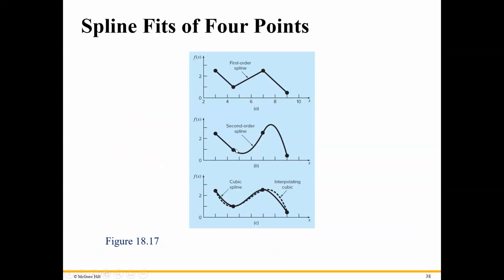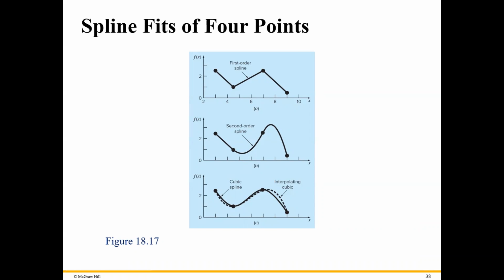However, you can see that the second order spline is giving us a little bit of fluctuation as well. For example, beyond this point, the curve is overshooting towards one side, and after this point over here we can see that the curve is also overshooting downward.